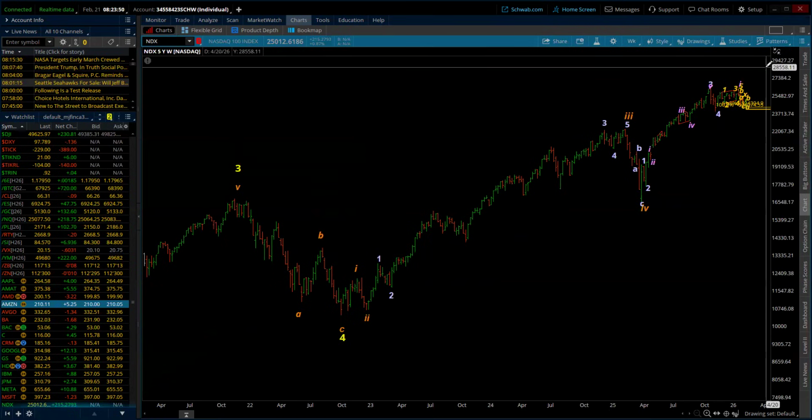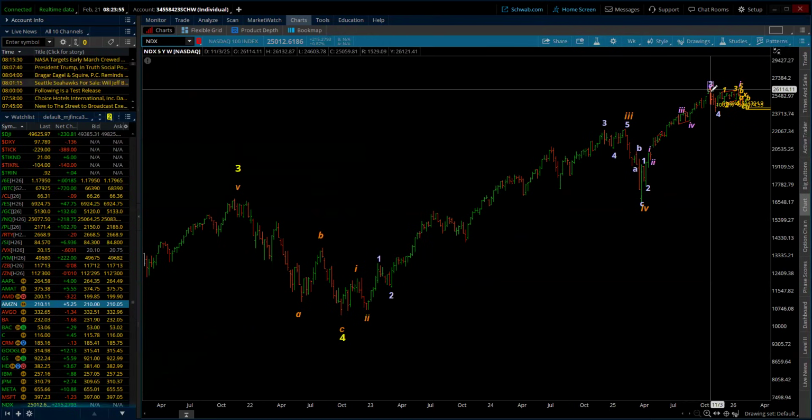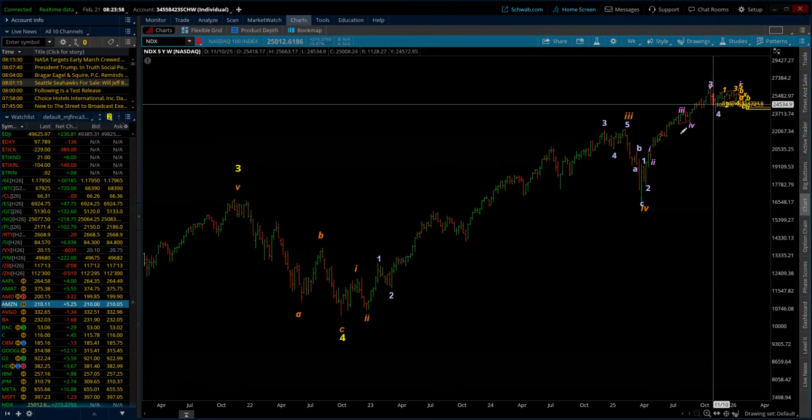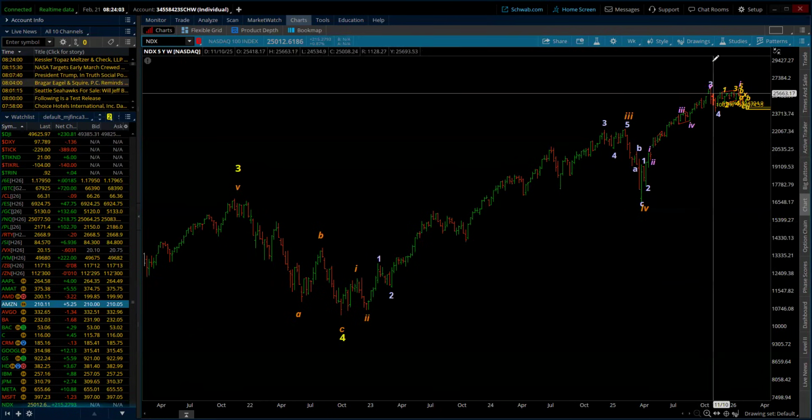Now, in the NDX, I can work it that I can put minor 5 completing right here. I just need to move that down, move that over, and this becomes wave 5, minute wave 5, etc., all the way up. That is a possibility.